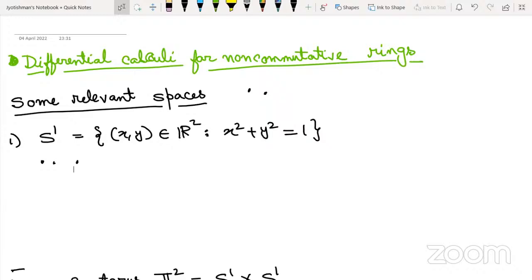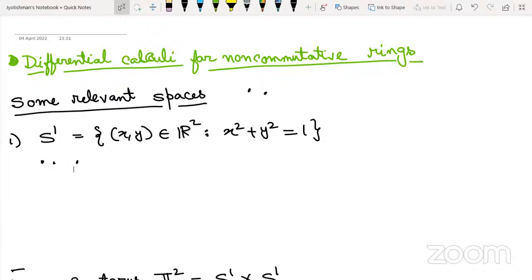This subject is about the study of non-commutative algebras by imitating techniques from differential geometry.